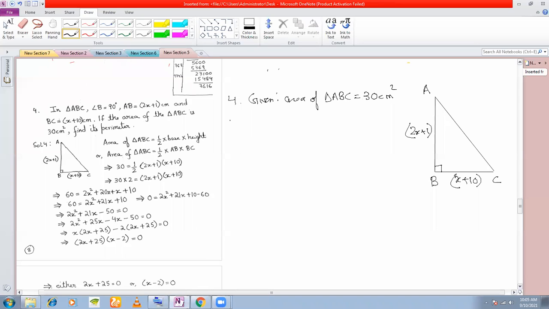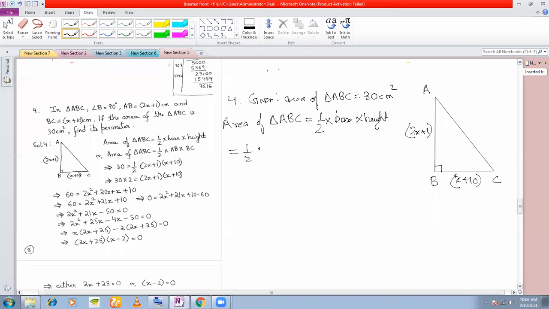Now area of triangle ABC, if you see in the figure, AB is the height and BC is the base. So you can use the formula half base into height to find out the area of this triangle. So half into base into height.